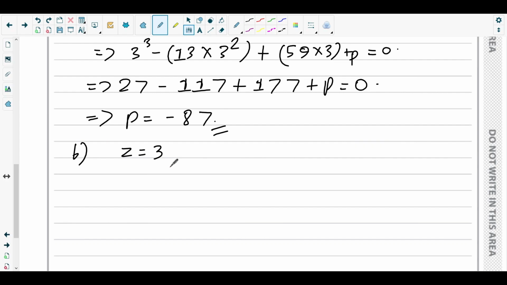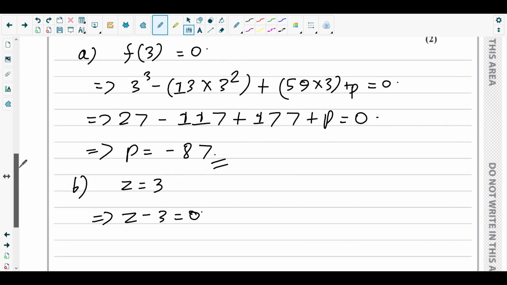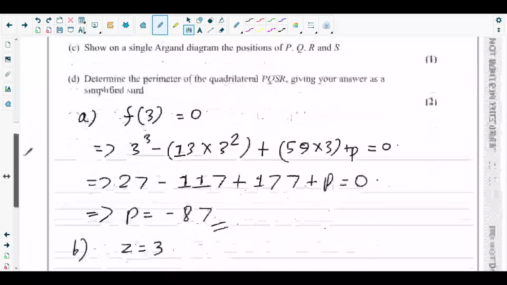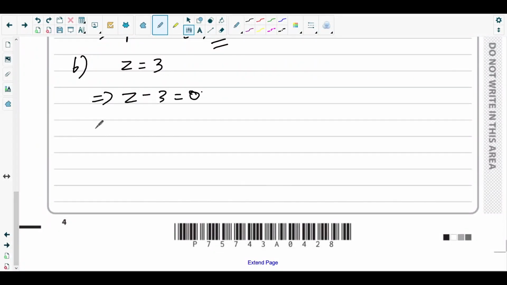So z = 3 is a root, so we can consider z minus 3 equals 0. Therefore z minus 3 is a factor of f(z). Now we will use algebraic long division to factorize the given function.